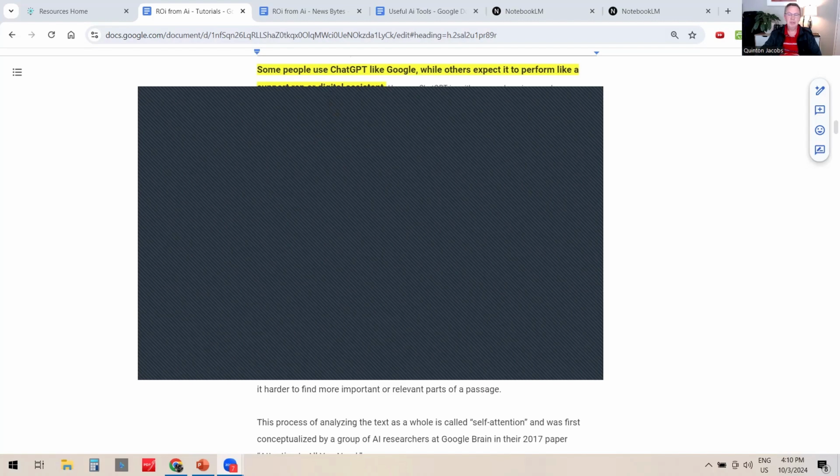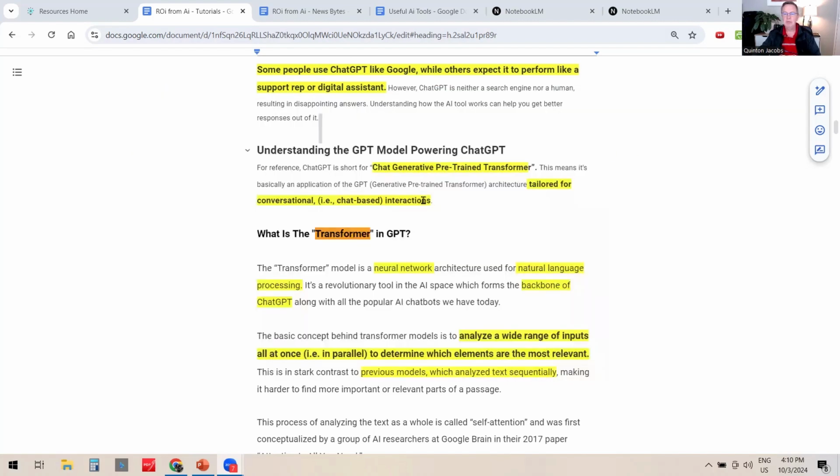What I want to do is explain what that means. It's basically tailored for conversation and chat-based interaction. That's what it's built for, to have a conversation with humans.